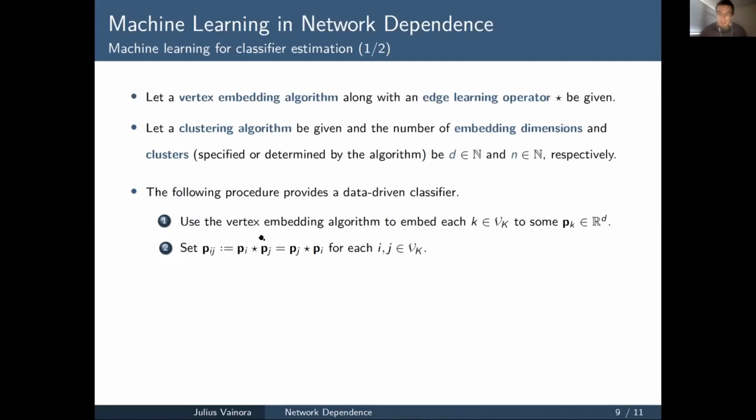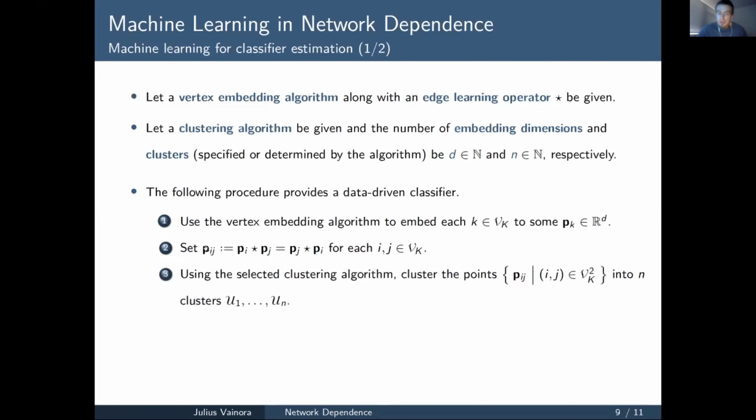One of the reasons for this is that vertex embeddings are simply much better developed. They work much better, and there's much more interest in them. This kind of procedure of combining vertex embedding vectors into a single one is also something that is used. In this way, we obtain, well, I should not say an edge embedding, because you may think that I'm interested only in edges that are present, but actually I want an embedding for all the pairs of vertices.